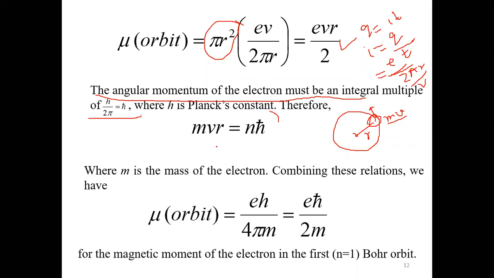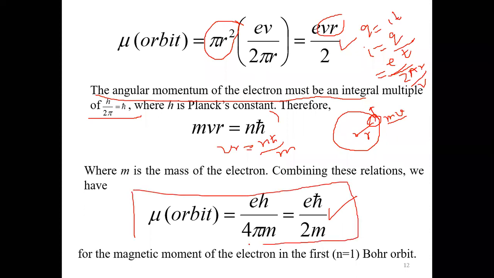So from here you can calculate vr will be n h cut divided by m. And if you substitute the value of vr here, it will be eh by 4 pi m or e h cut by twice m. So this is the magnetic moment of an electron, and this is called one Bohr magneton.